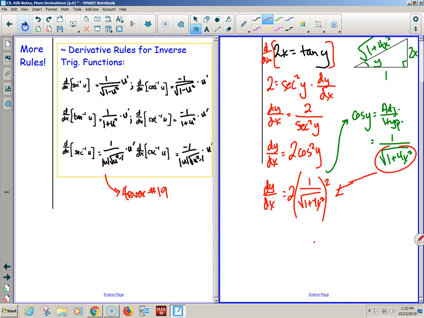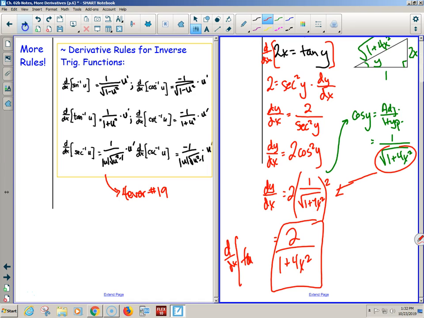The square root squared cancels out. Wait a minute.